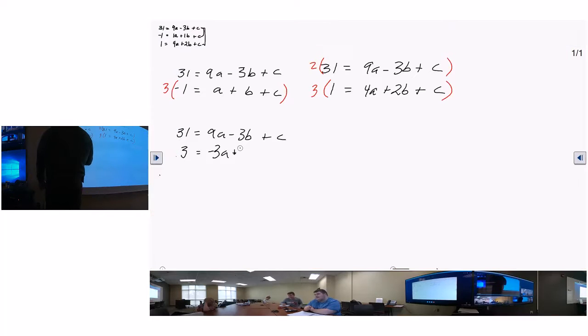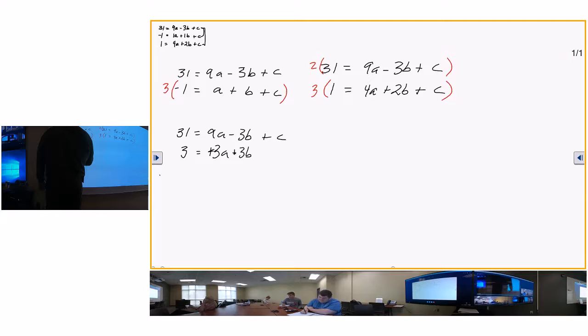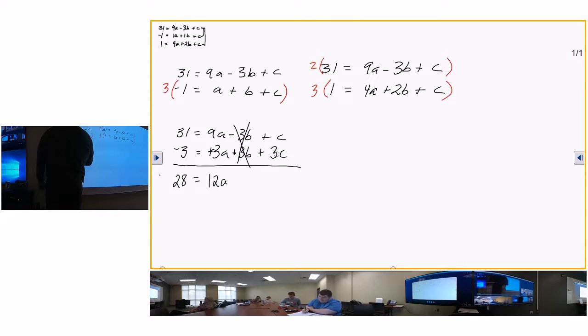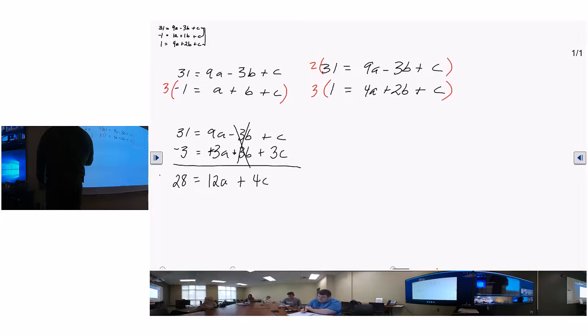Plus 3B, and that should be a positive 3A, and that should be a -3. So -3 plus 3A plus 3B plus 3C, and that goes out. And 31 minus 3 is 28, equal to 12A plus 4C.